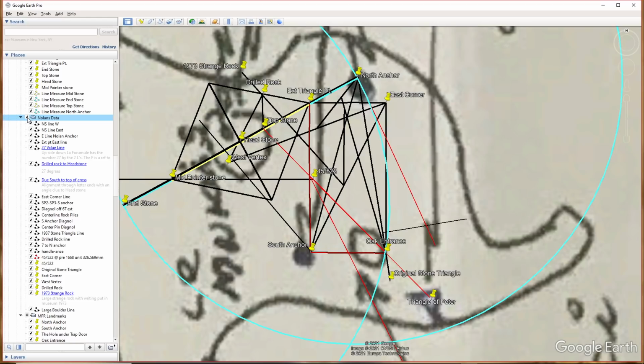Here's Nolan's data from the Nolan survey. And this is Nolan's data here that comes off of the survey, and also the 1937 survey, which is this one. So the 1937 survey overlaid on top.